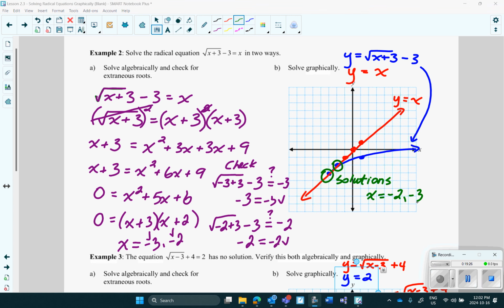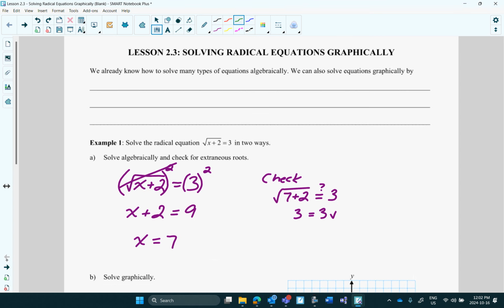Okay. So to conclude, just to go back to this, how do we solve graphically? We solve graphically by graphing each side of the equation by just putting a y equals in front.